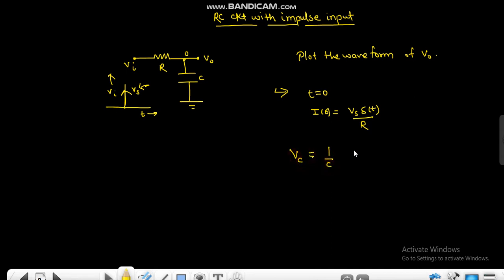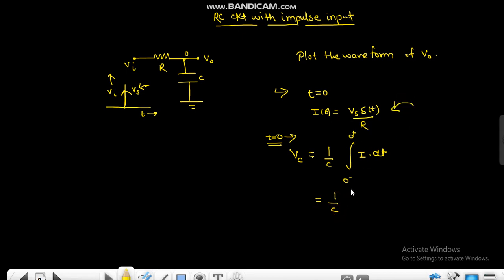It is 1 by C integration of i dt. So we are integrating it from 0 minus to 0 plus only, because we are looking at t equals to 0 only. And from 0 minus to 0 plus, what is the value of current?